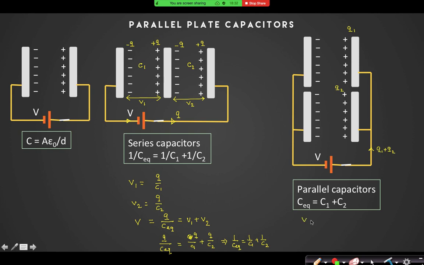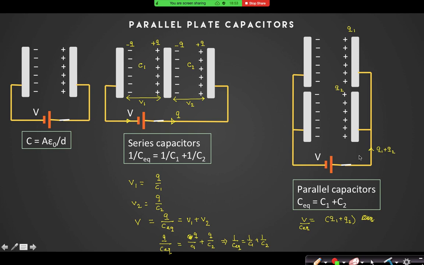So can I say Q1 plus Q2 equals C equivalent into V? Yes, sorry, Q equal to CV, right?